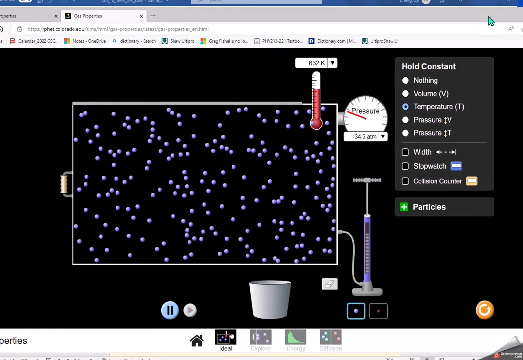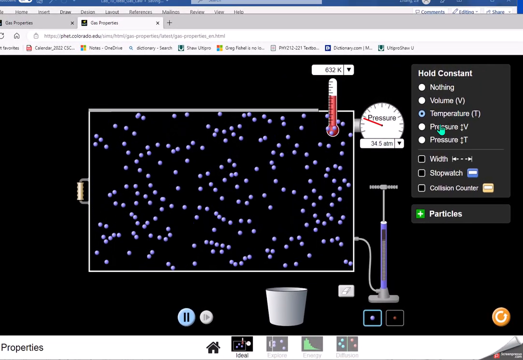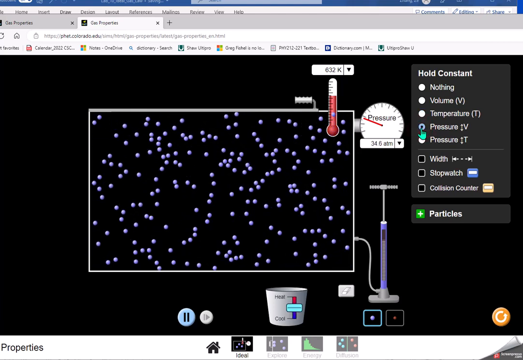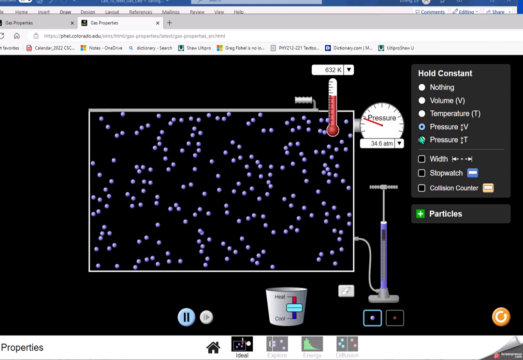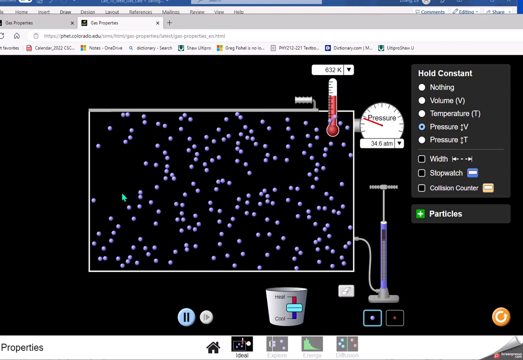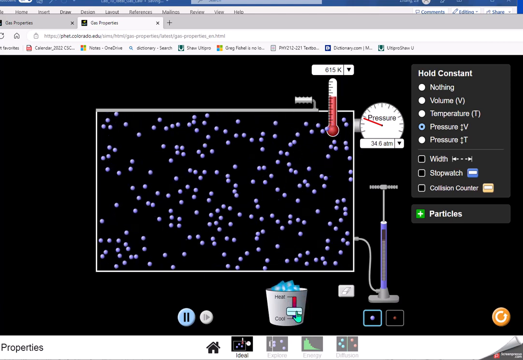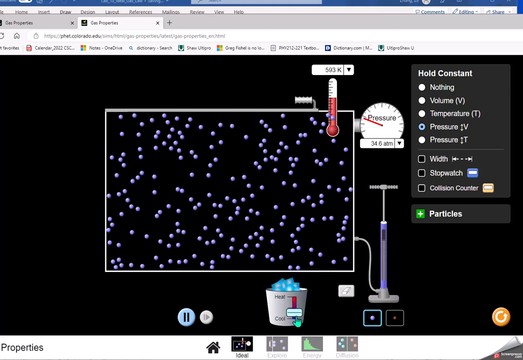So now let's see. We hold the pressure constant, and V is going to vary. We cannot adjust V directly, so we hold on. Now we lower the temperature, colder.